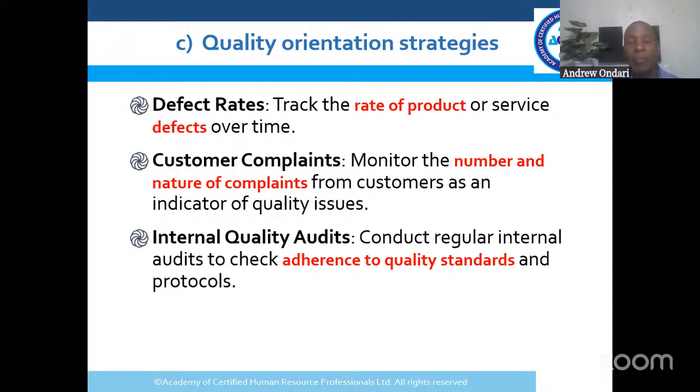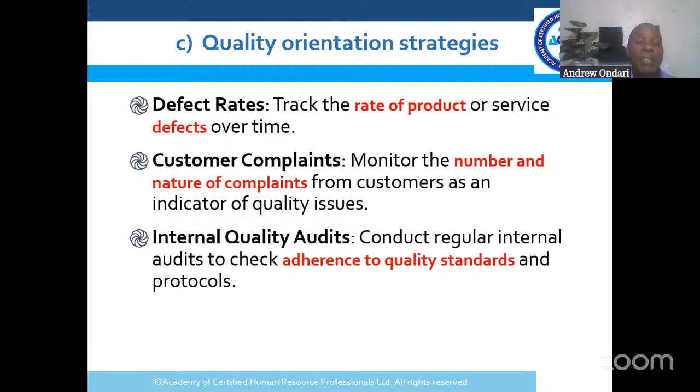Defect rate. This is especially in the production industry, where we are producing goods. Defects are damages that characterize goods either at the point of production or during delivery, which means that the defects violate the standards of quality, that it does not meet the specifications.